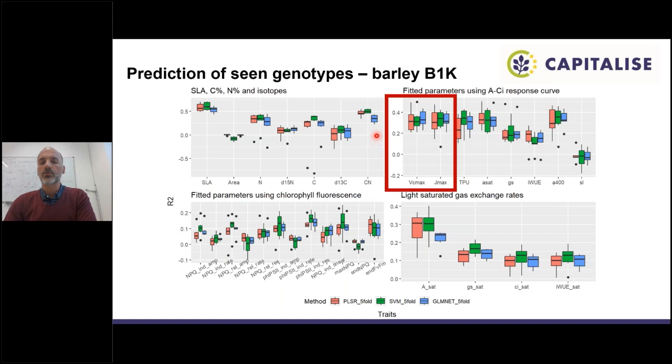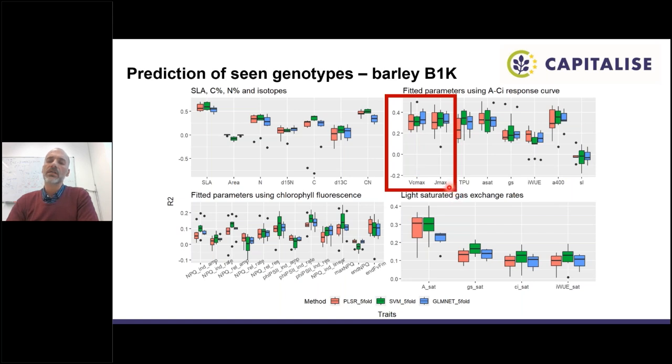Interestingly, with respect to having the ability to predict photosynthesis for unseen genotypes, we also realized that across the linear and nonlinear models that we are comparing, we don't see much of a difference, and we can explain a little bit over 30% of variance on average for both VC-max and J-max that enter the mechanistic model.